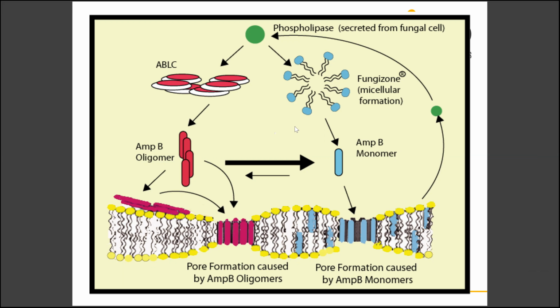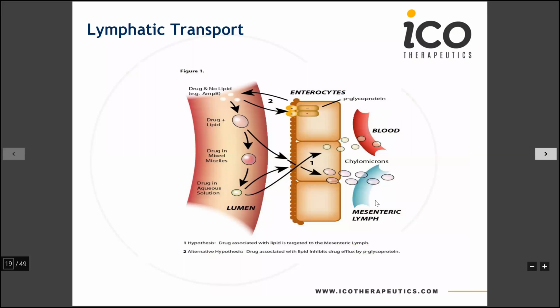So you're able to save the kidneys and the kidney cells from being damaged, but you can kill the fungal cell. This unusual formulation approach, and what we see in nature, really helps us come up with a really great formulation to treat these diseases.